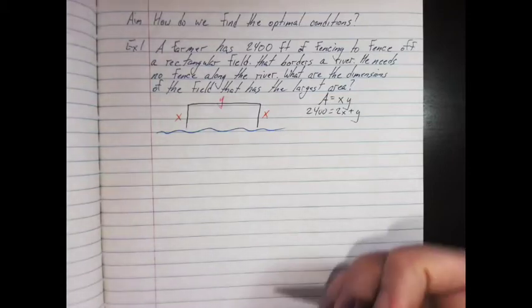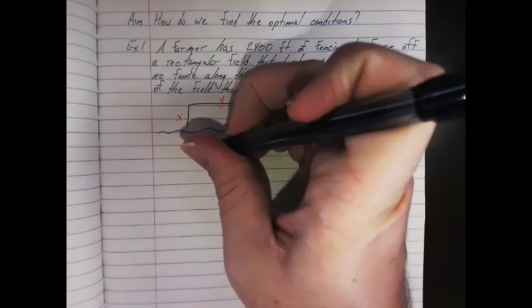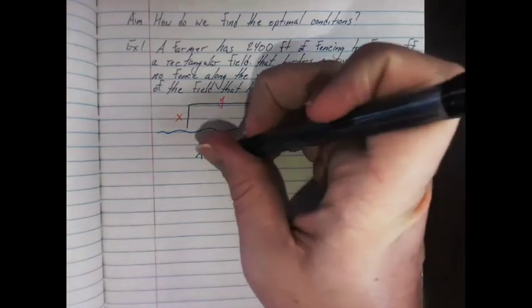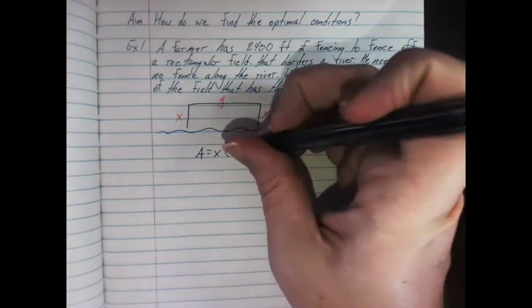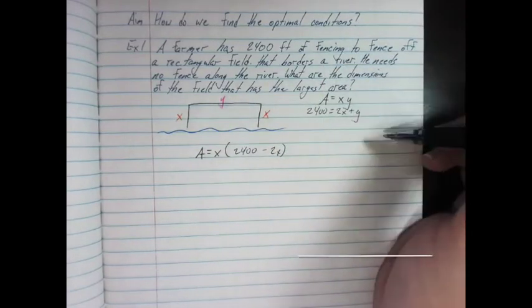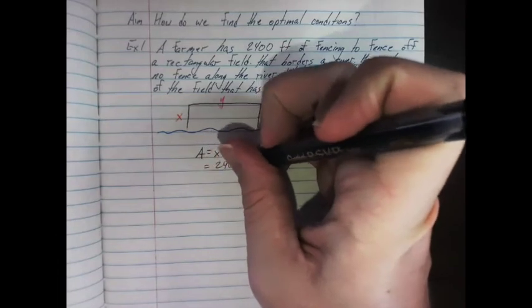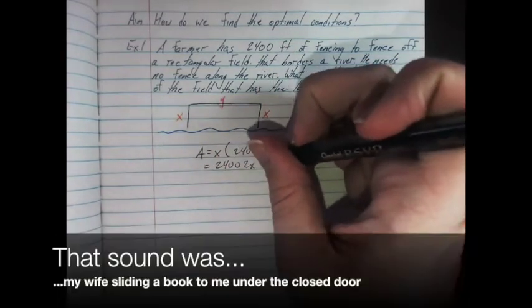So I can switch y out, so I'm just left with x. That means the area is just going to be x times (2,400 minus 2x). I did that just by switching out y. And that's just going to give 2,400x minus 2x squared.